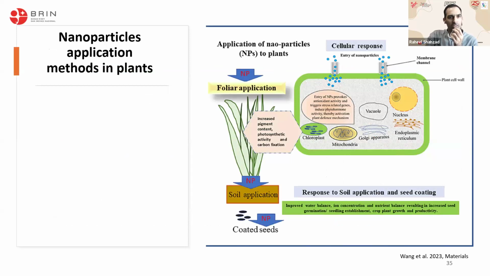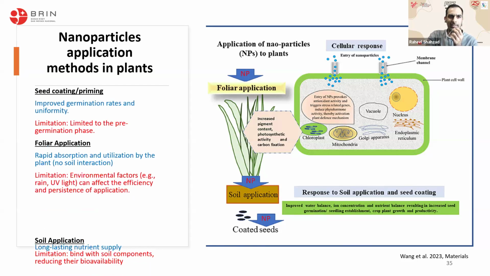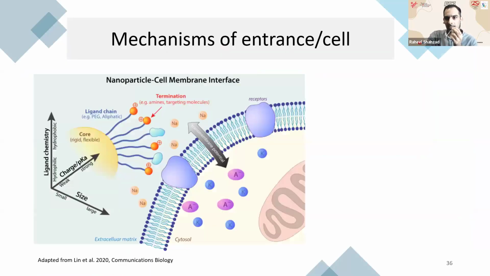Basically, there are 3 methods to use nanoparticles in real life: as a seed coating, foliar application, or soil application. We have used the soil drench method.